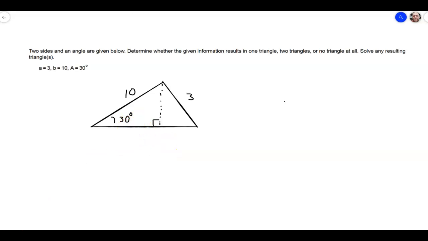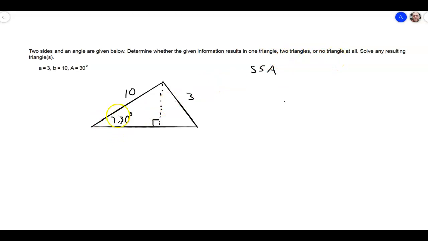Even if we put the side length over here or down here, the angle is still not between these two side lengths because they gave us a side length that's opposite the angle that they gave us. So we have the case that is side side angle, and in that case we're either going to have one triangle, two triangles, or no triangles at all.